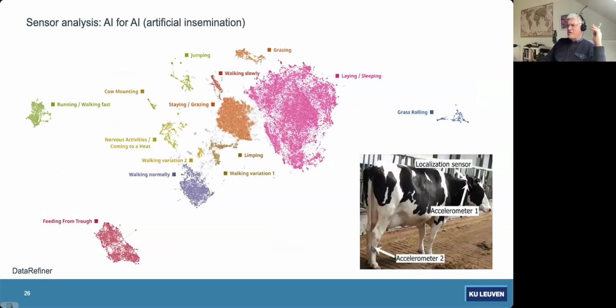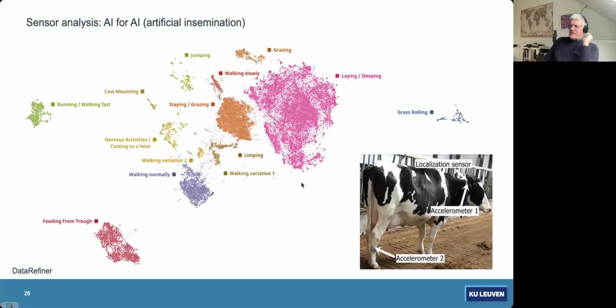Another example, this is not by us, but something that we will probably be doing in the future as well, is a project called AI for AI, so artificial intelligence for artificial insemination, where they basically put cows full of Fitbits, measuring movement of the legs, the neck and so on, location sensors, also measuring when they would go eat, things like that.